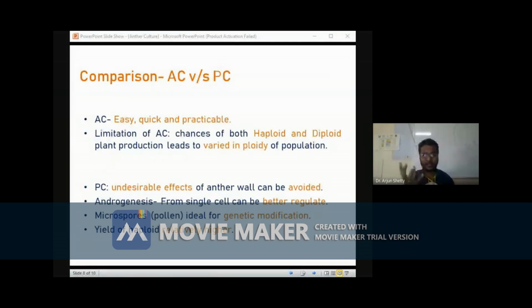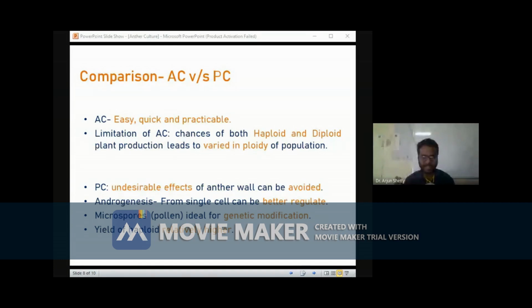Next, once the microspores or pollen have been taken, we can easily regulate them, and because the pollen grains have a weaker cell wall, we can easily genetically modify them. We can go for conjugation and genetic transformation, nothing but we can easily introduce a foreign gene, because these microspores or pollen grains are single, uniform cells which can be easily regulated, and they have a very weak cell wall.